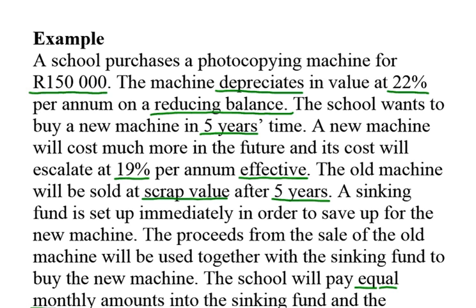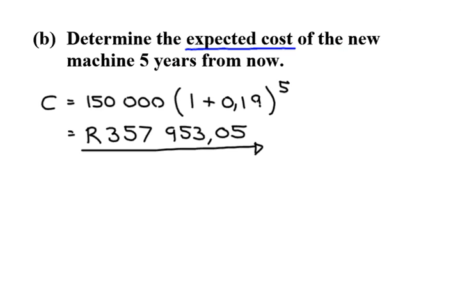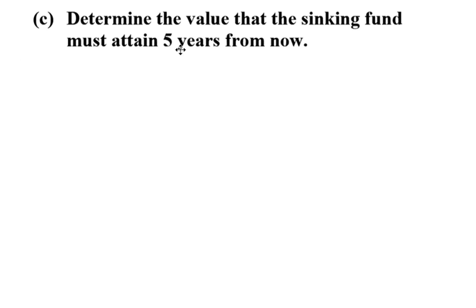Bearing in mind they're only going to get 43,307 Rand and 62 cents for the old one. So you might be expecting what the next question is. The next question says determine the value that the sinking fund must attain 5 years from now. So how much money do we need in that sinking fund in 5 years' time?